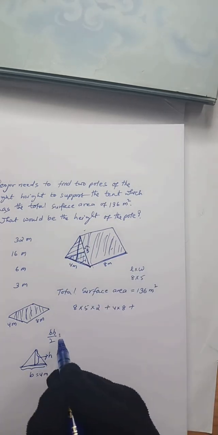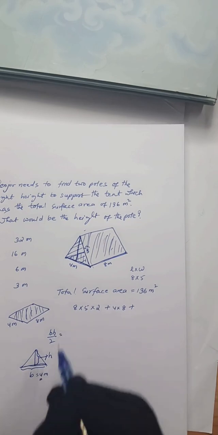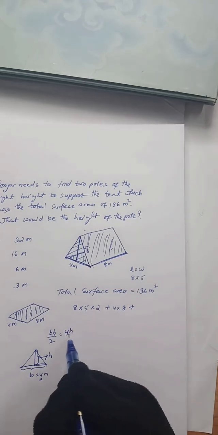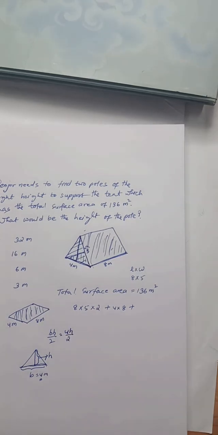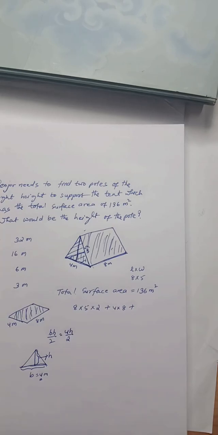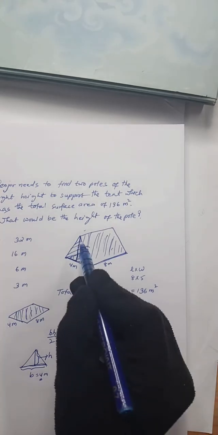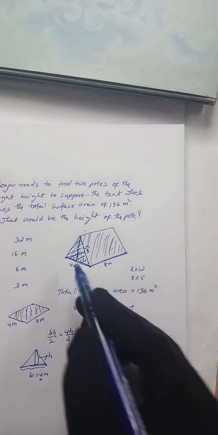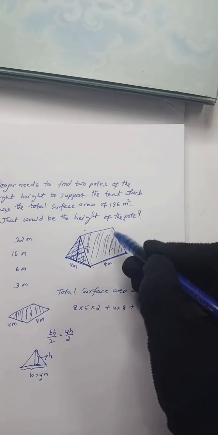Therefore, if I use this formula, base is 4, so multiply 4 by h. h is not given. We need to find h. Divide by 2. But how many such triangles do we have? We have two triangles. First one is this one, and the other triangle is opposite to this triangle.